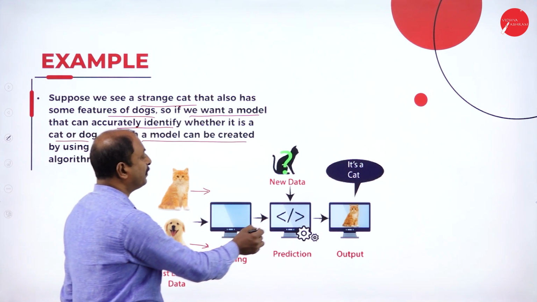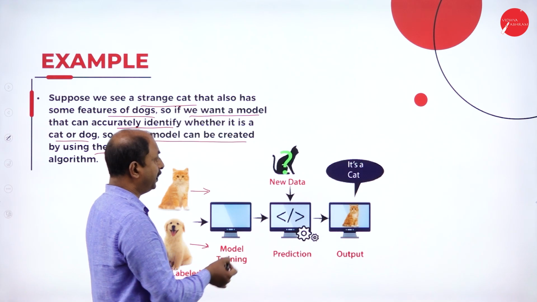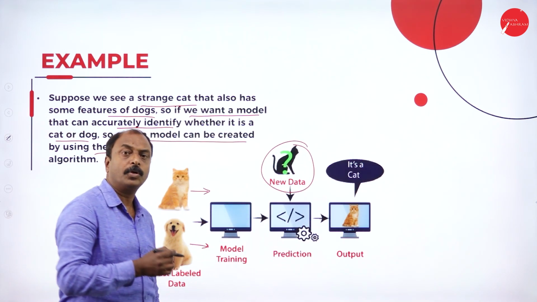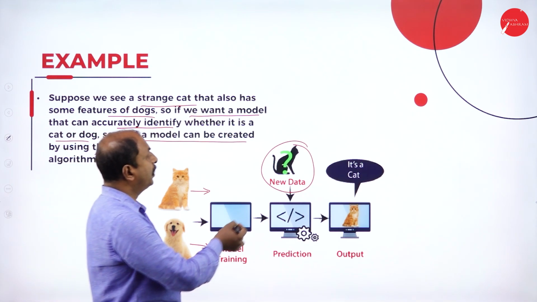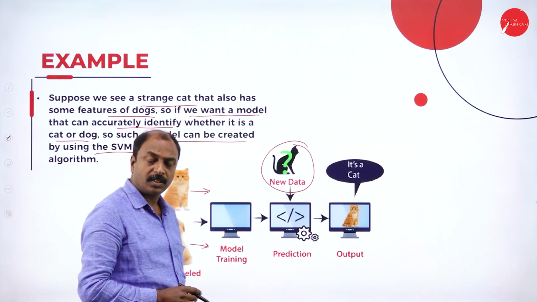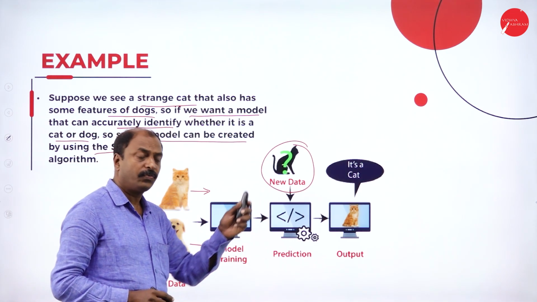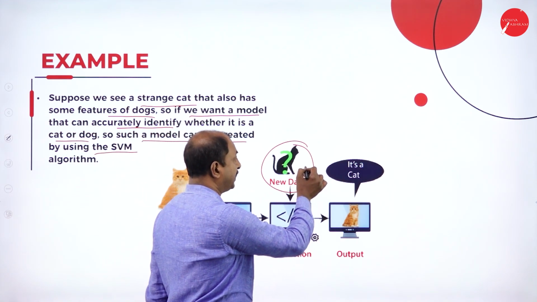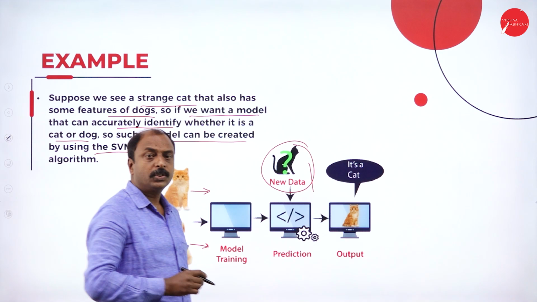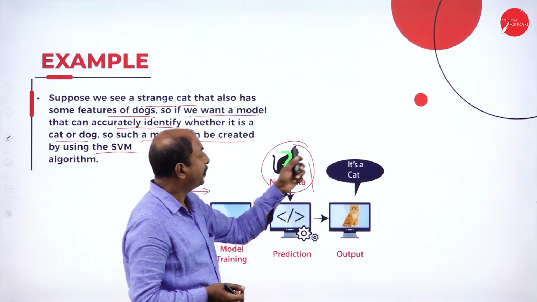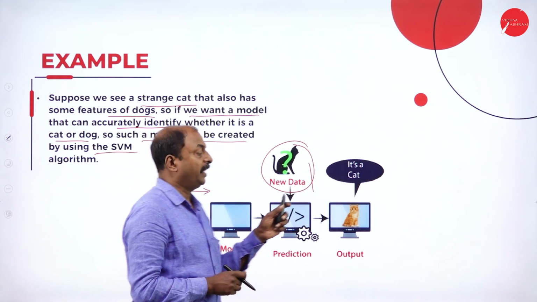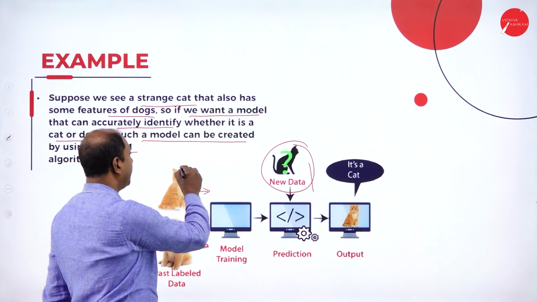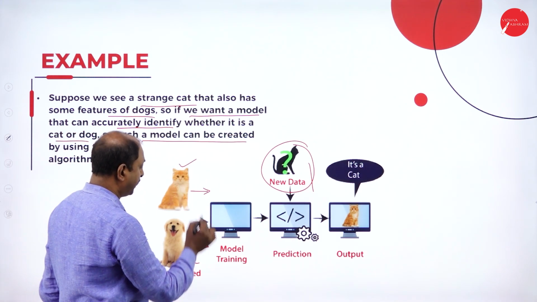With the help of this model, suppose we get one more new creature which has a few qualities of dog and a few qualities of cat. If we give this as new data as an input, our purpose is that this particular data should go to any one of the classes. Here, assume that cat is one class and dog is another class.